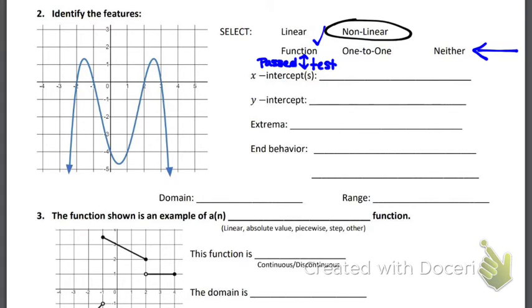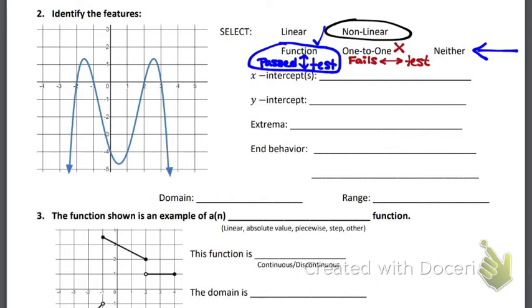And I'm checking for the same thing. Is it ever crossing this line in more than one spot at a time? Yes. Then it fails. That means it is a function, but it is not one-to-one. This fails my horizontal line test, yes. So I would say that this one is a function, but I would not circle that one-to-one.